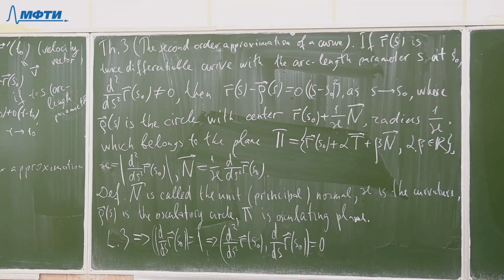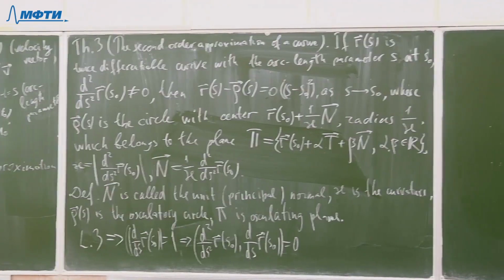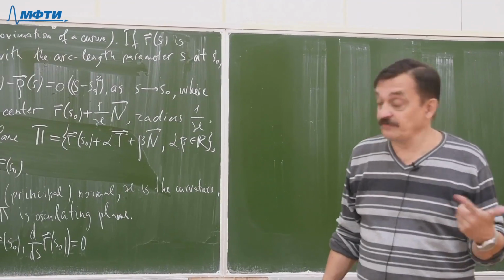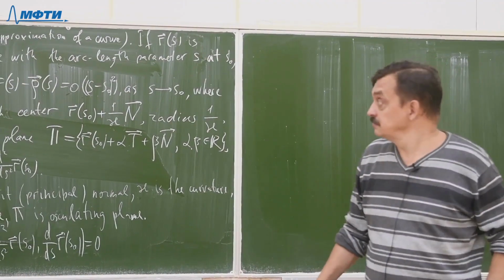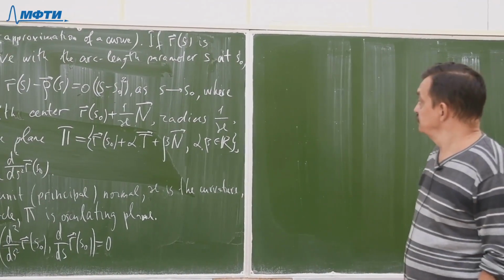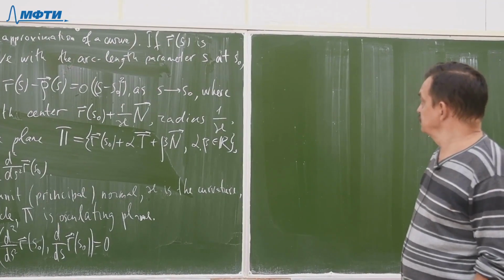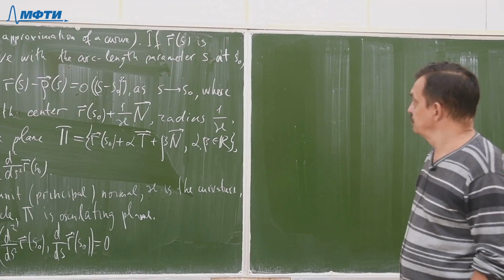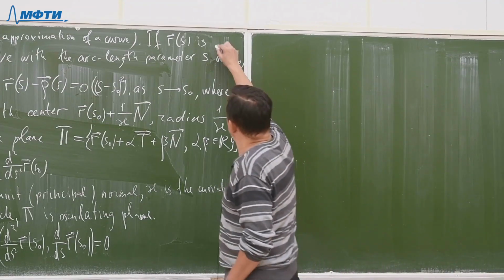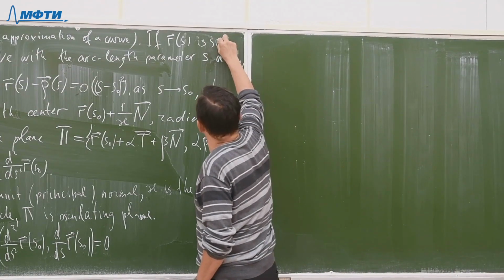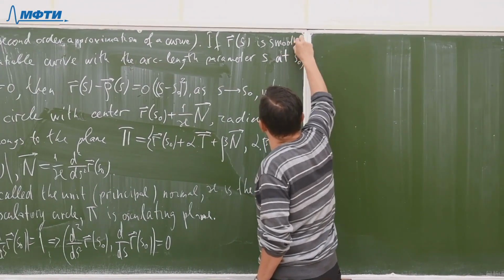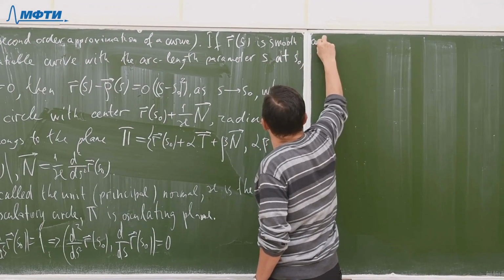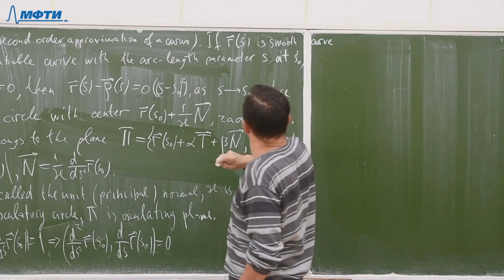Lemma said if we have a vector with constant length, is smooth curve. Let me smooth curve. Yeah, I should insert it.